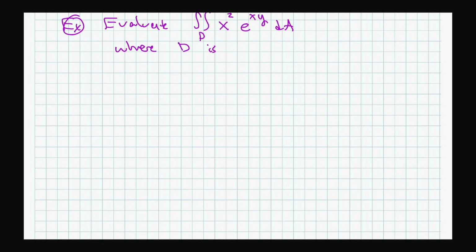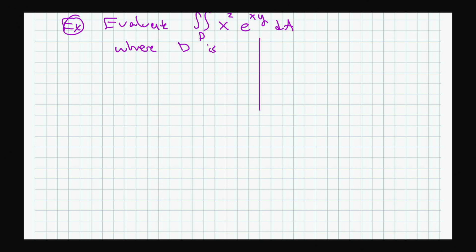Example. So evaluate the double integral of x squared e to the xy dA, where D is as shown. So they draw a picture of it.